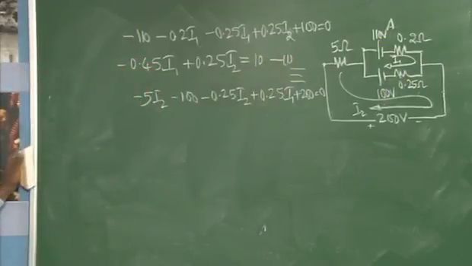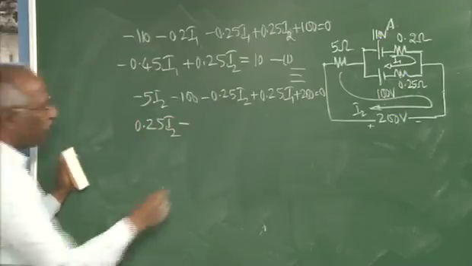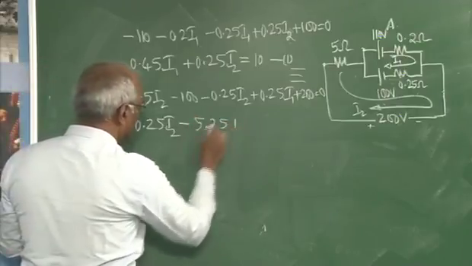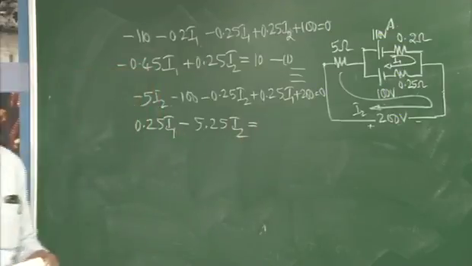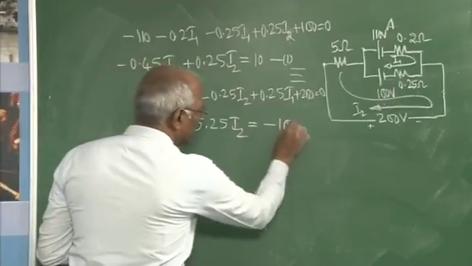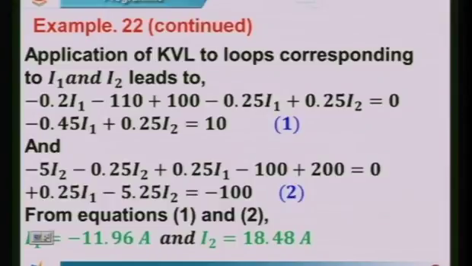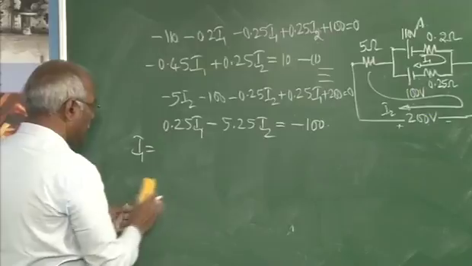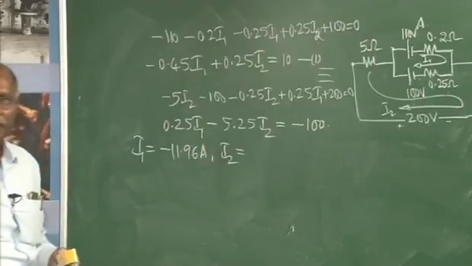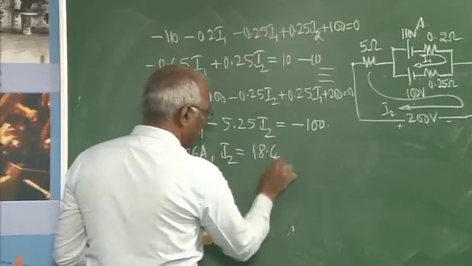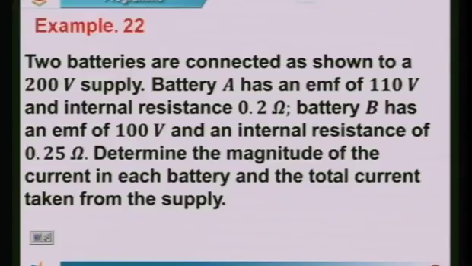The second equation is 0.25 I1 minus 5.25 I2 is equal to minus 100. Once it is solved, I1 works out to be minus 11.96 amperes and I2 will be equal to 18.48 amperes. Once these two are obtained, go to the problem.